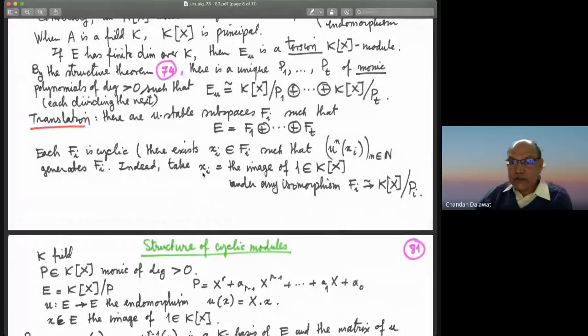To see this, you just need to take xi to be the image of 1 in K[X] modulo Pi. You know, this Fi is just the space K[X] modulo Pi.